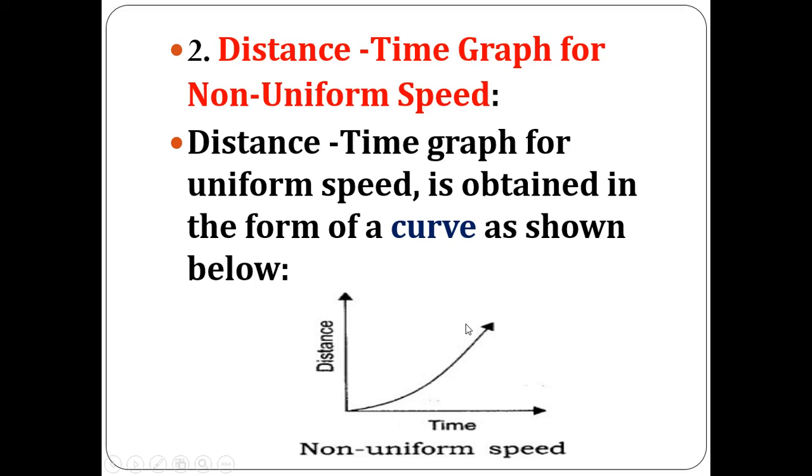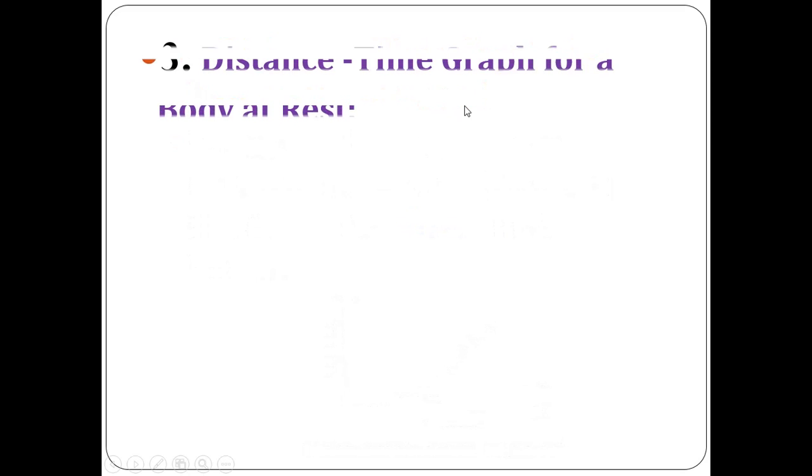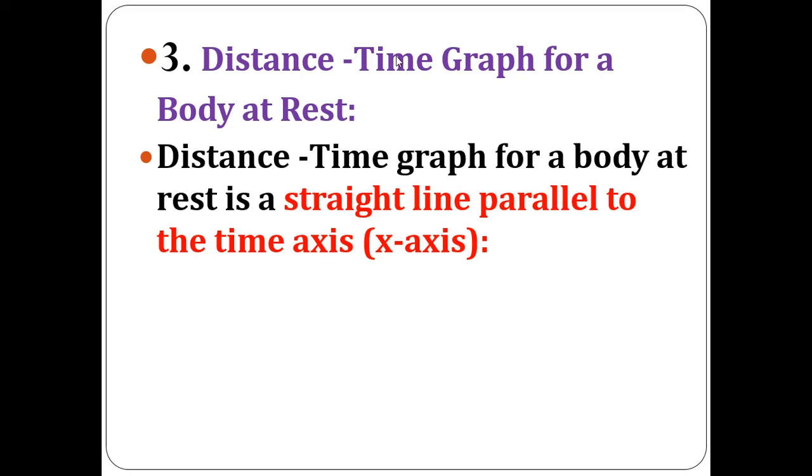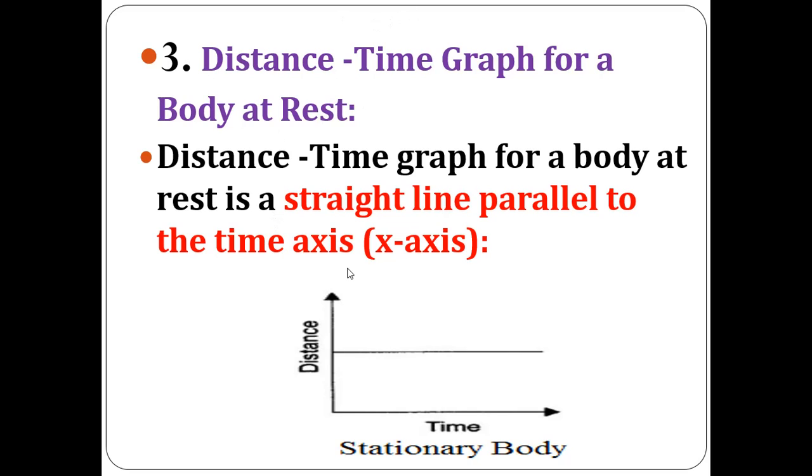And for the distance time graph of a body at rest, when there is no motion, the graph will be a straight line which is parallel to the time axis.